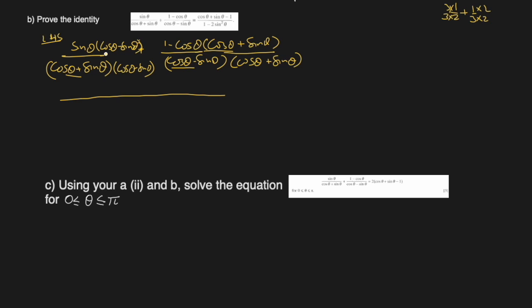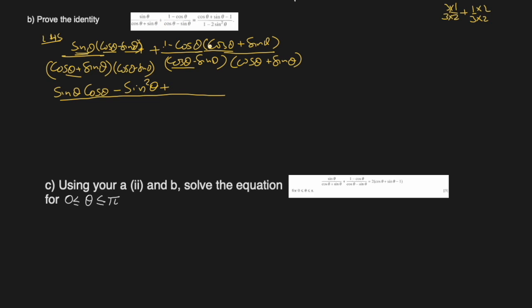That means we can simply add the numerators. So sin theta times cos theta will be sin theta cos theta. Sin theta times sin theta will be sin square theta, and that will be negative because there is a negative with sin theta. Plus, there was a plus in between, right? Can you see? Here plus.